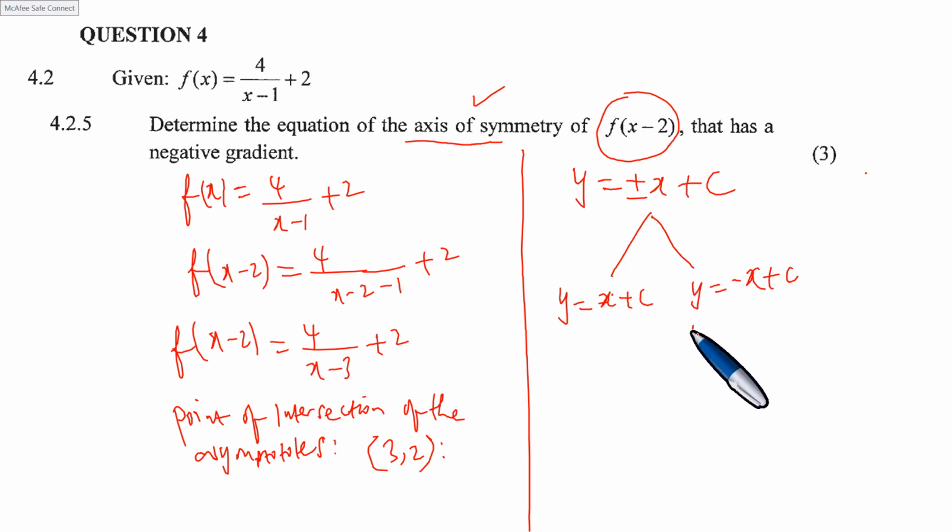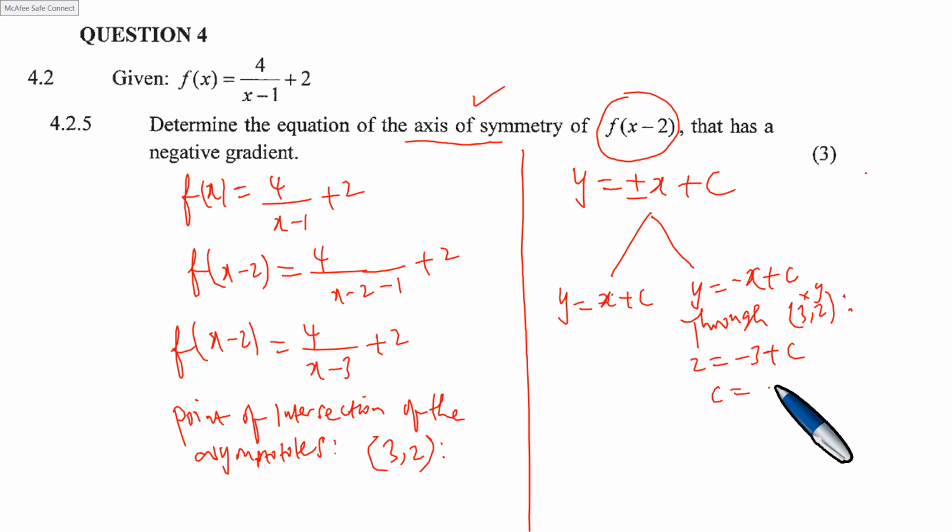It passes through the point 3, 2. So y is 2, because this is our x and that's our y. Our y is 2 and our x is 3.